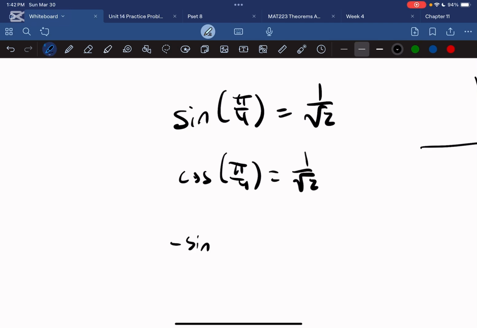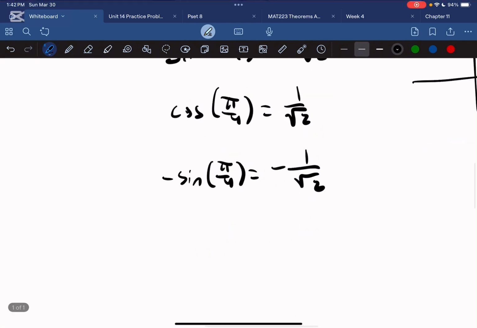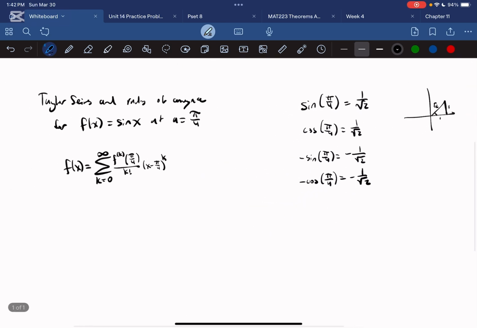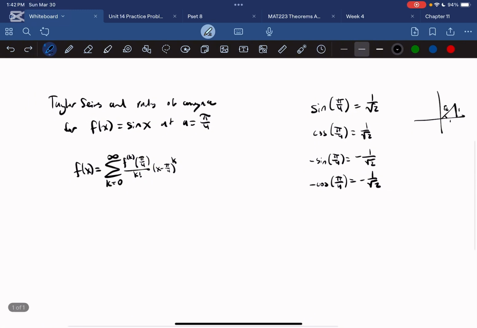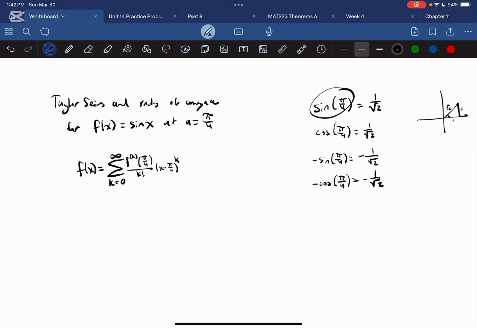But then we have negative sin is obviously negative. And same with negative cos. And notice how this goes through all of the possible derivatives of sin x. Right? Zeroth derivative, first derivative, second derivative, third derivative, right? And then we cycle back to sin.